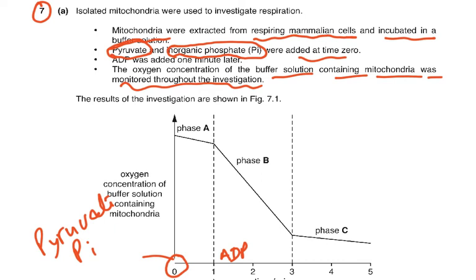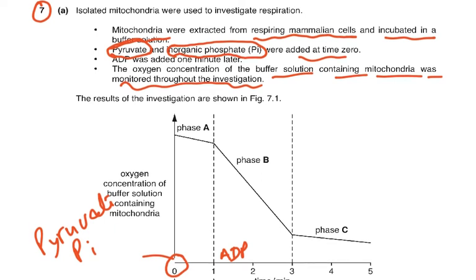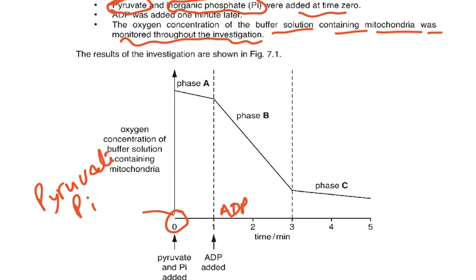The results of the investigation are shown in 7.1, and you can see in phase A, we have the oxygen concentration of the buffer solution containing mitochondria. On the y-axis is the oxygen concentration, and you can see the oxygen concentration is slightly decreasing in A, and it's very rapidly decreasing in the B part.